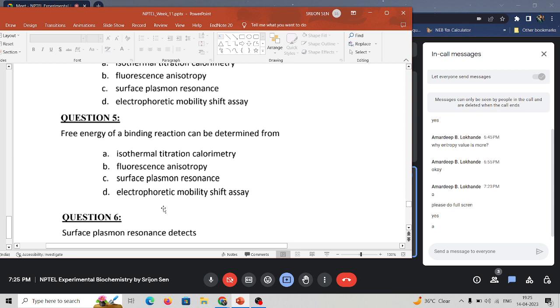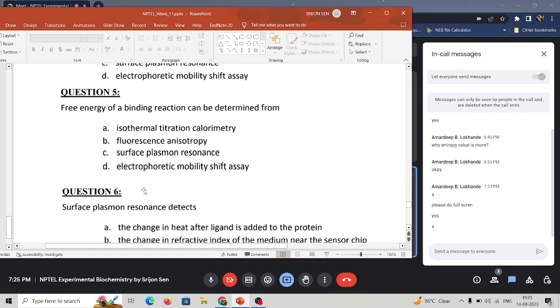When there is a KD, in each of these cases what you are calculating is the binding. So say you are calculating the KD or the Ka, this Ka or KD is related to your free energy or your delta G. That's why all of these techniques can be utilized for finding the free energy of any binding reaction. So A, B, C, D, all of these options are correct.